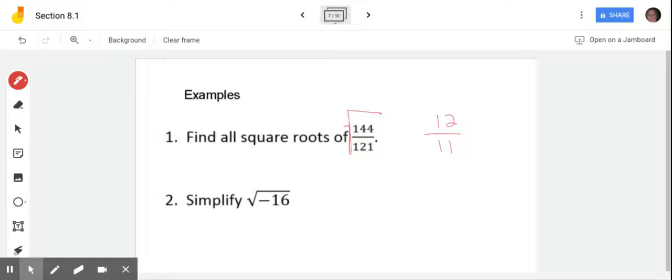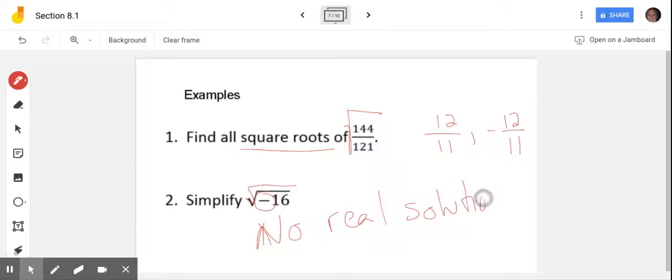But since it asked for all square roots, and they didn't give the symbol to us, it could also be negative 12 over 11. Simplify square root of negative 16. I can't have negative numbers under the square root, so this is no real solution, no real number.